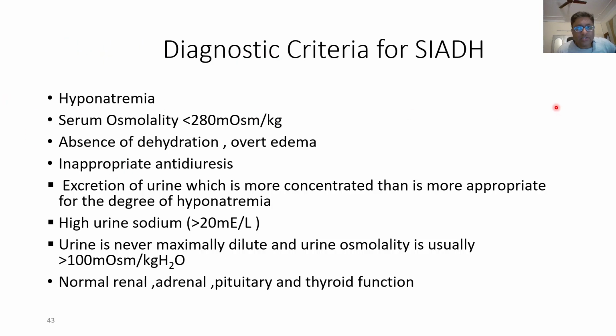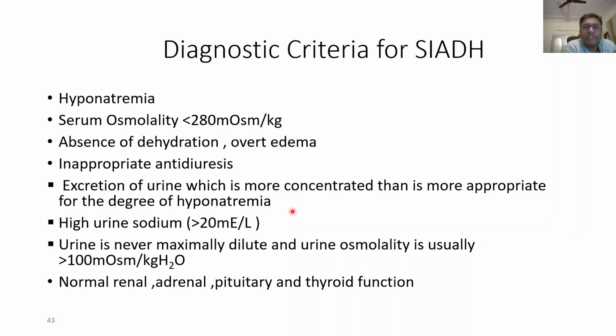The diagnostic criteria for SIADH are hyponatremia, serum osmolality less than 280 milliosmol per kg, and absence of dehydration or overt edema. Typically, you will not get excessive volume overloading nor excessive dehydration. When you see salt wasting, patients are going to be dehydrated. There is going to be inappropriate antidiuresis: excretion of urine that is more concentrated than is appropriate for the degree of hyponatremia, despite the serum osmolality being low.